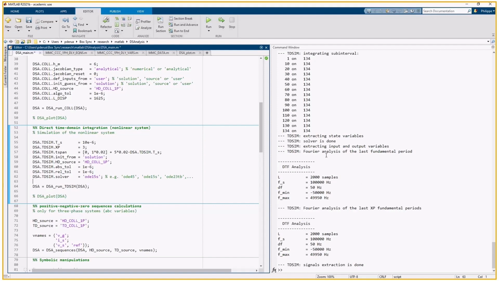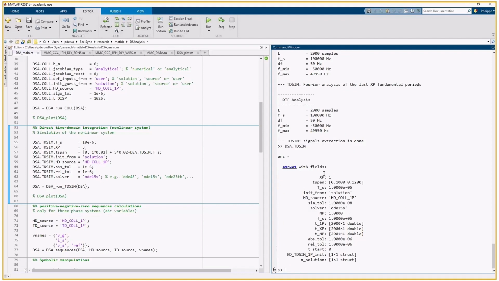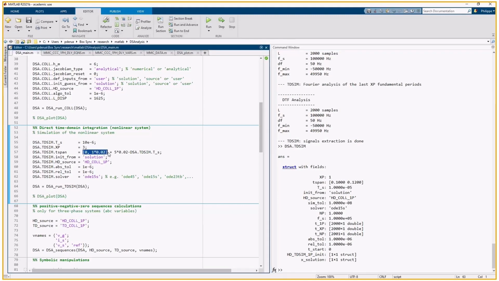In any case, if we go to DSA time domain simulation options, we see that XP has been automatically reduced to 1 fundamental period because the time span covers only 1 fundamental period. If we had asked for even less than 1 fundamental period, the toolbox would have said that there are not enough points, that the time span is too short to do any Fourier analysis.